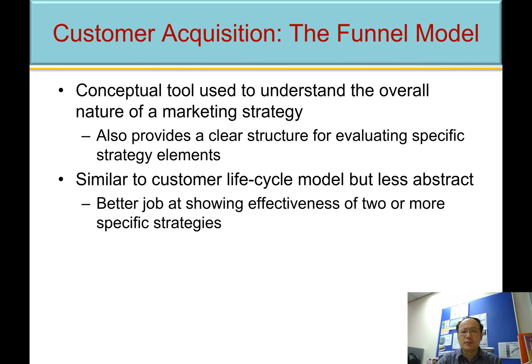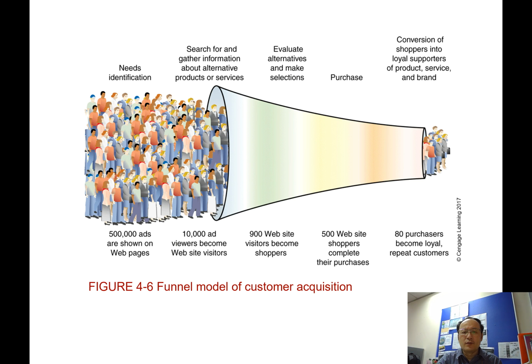Okay, so that is another model. We call it a conceptual tool used to understand the overall nature of a marketing strategy. It also provides a clear structure for evaluating specific strategy elements. So let's look at this: the funnel model. For example, an e-commerce company puts up advertisements. This is something like awareness.